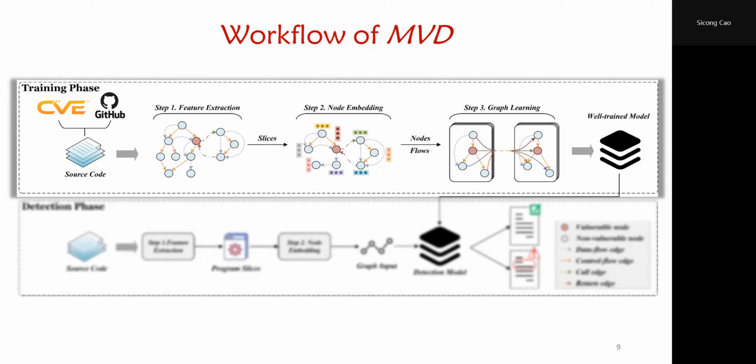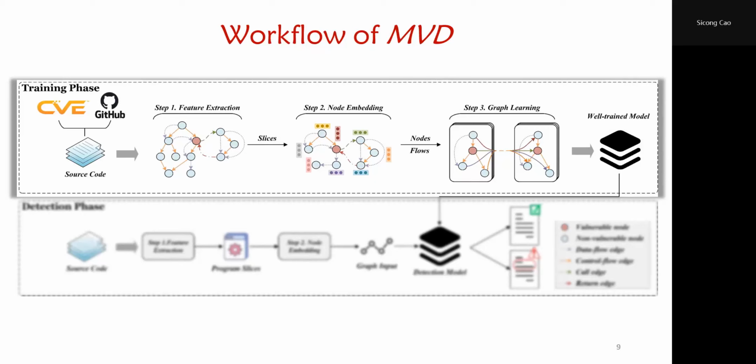To capture comprehensive and precise program semantics, MVD extends the PDG with additional semantic information like correlations and return values obtained from the call graph CG to conduct interprocedural analysis. Furthermore, to reduce irrelevant semantic noise, MVD conducts program slicing from the program points of interest.